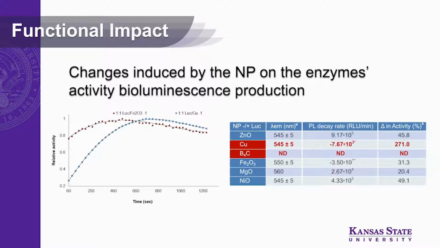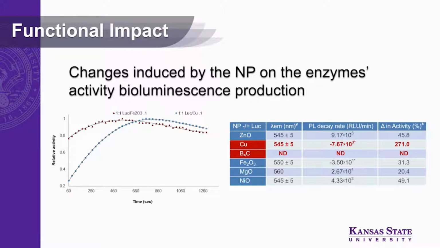And here again, the boron carbide and the copper really stood out. In fact, in the presence of the boron carbide nanoparticle, we were unable to detect any activity. And in the presence of the copper nanoparticle, clearly the enzyme kinetics was changed pretty drastically, as was the overall change in activity.